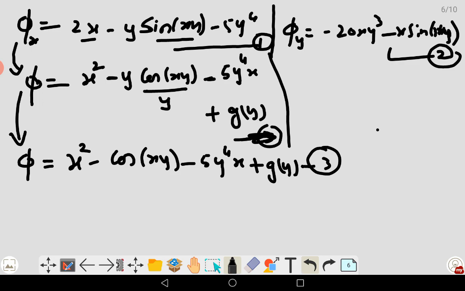Isn't it? So what is phi? Differentiate again with respect to y partially to compare with equation number 2. Differentiate this one with respect to y partially. What do you get? This will be 0, this will be cosine, the derivative of cosine will be minus sine, so minus and minus will be plus sin xy, and the coefficient of y is x, isn't it?